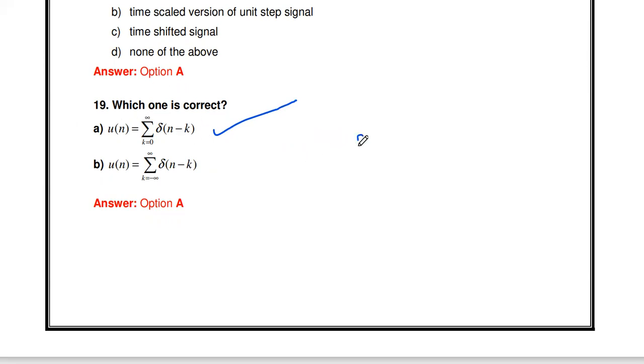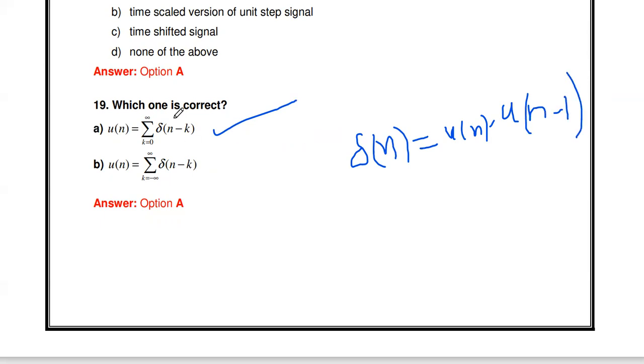Already we studied one relation, the unit impulse del of n in terms of u of n: del of n equals u of n minus u of n minus 1. This is the impulse function in terms of unit step. But here the unit step in terms of unit impulse is this one.